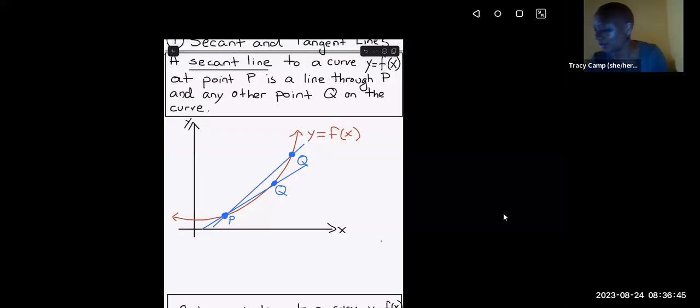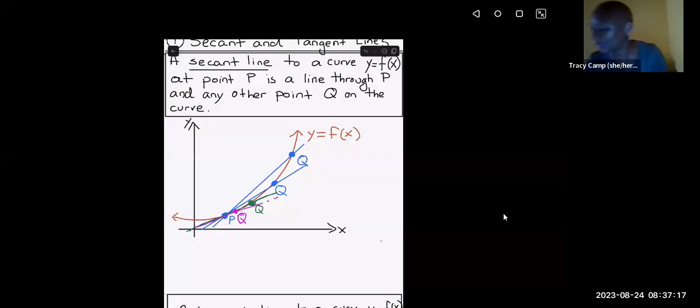Here, I'm going to use a different color, so it's a little bit less messy. So imagine Q getting even closer to P. And then we have something like this. Like that line. And then imagine Q getting so close that we end up with something like this.